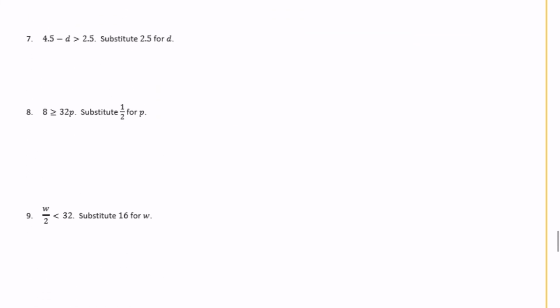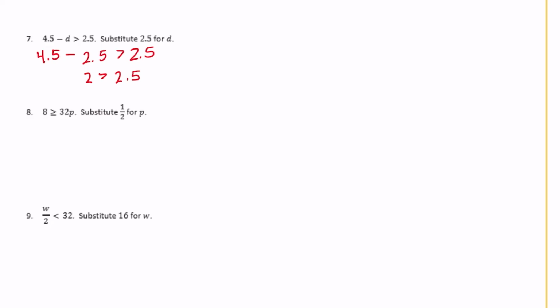All right, number 7. 4 5/10 minus d is greater than 2 5/10. Substitute 2 5/10 for d. 4 5/10 minus 2 5/10 is greater than 2 5/10. 4 5/10 minus 2 5/10 would be 2. So 2 is greater than 2 5/10.